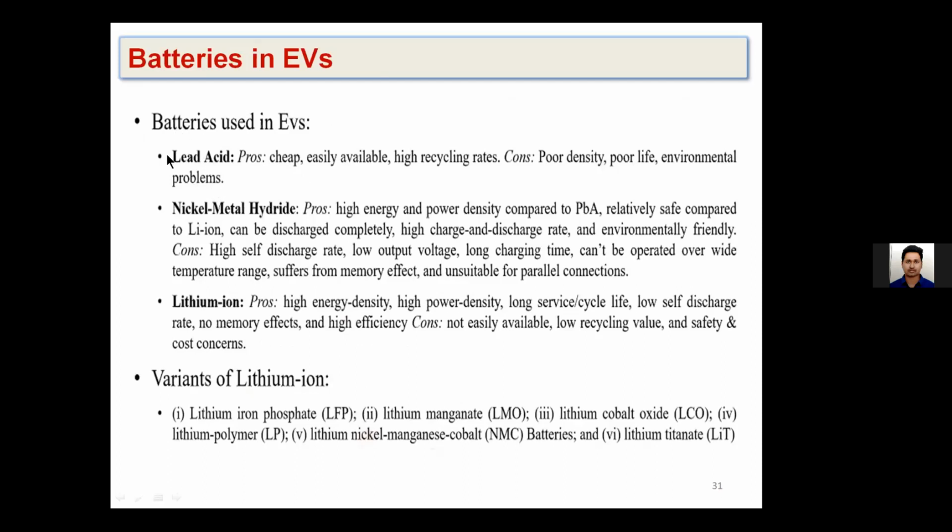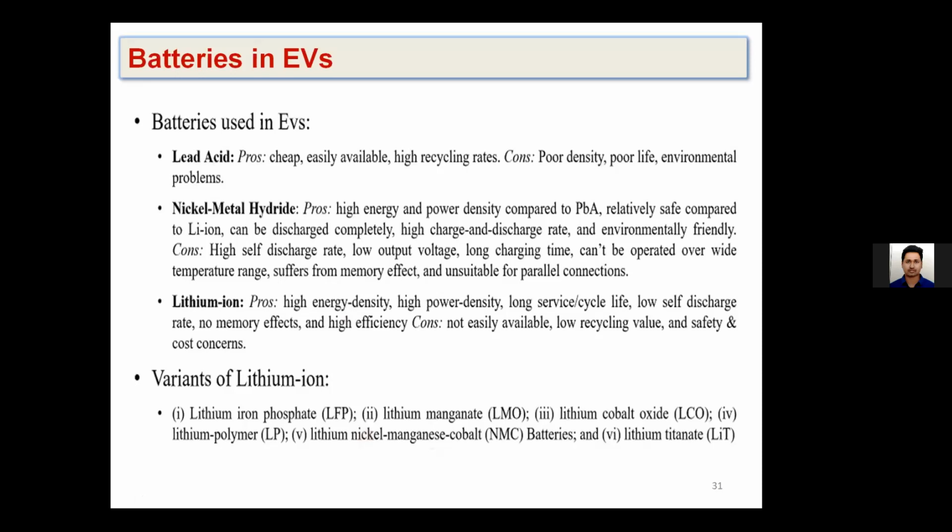We know the lead is quite toxic, so it has some environmental issues with respect to discharge. One more problem here is the high self-discharge rate, and it has a lower life, only 3 to 5 years. Even the volume requirement is very high.